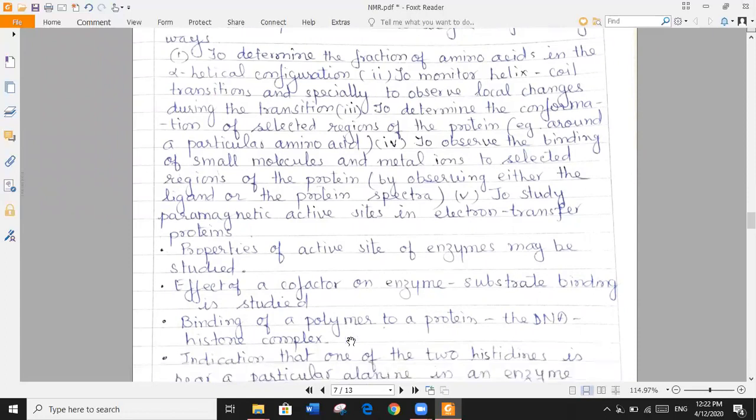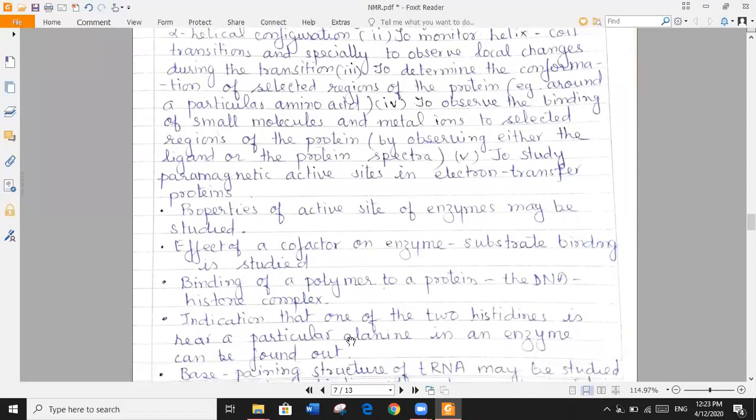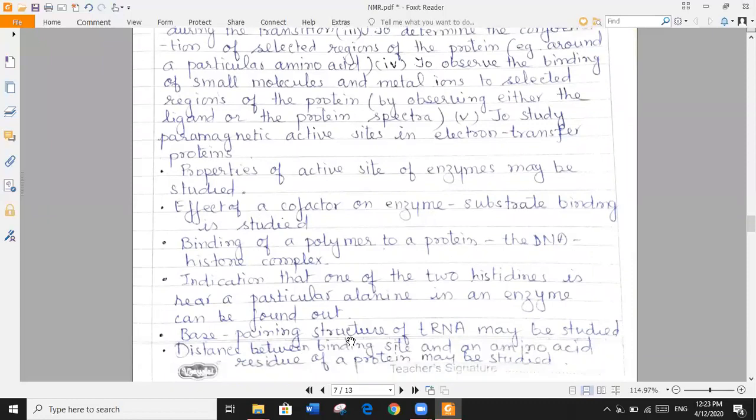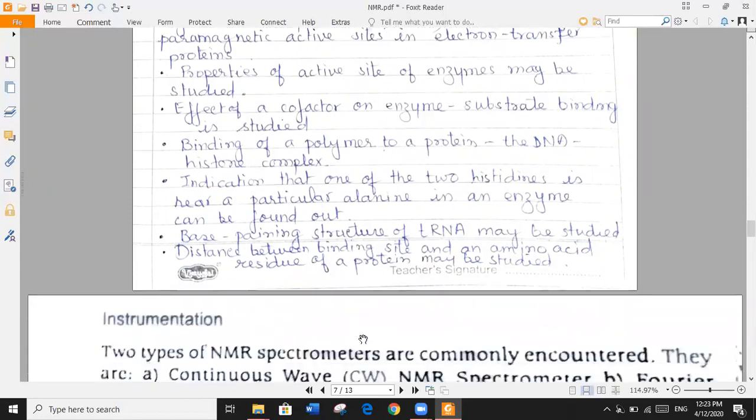Binding of a polymer to protein and the DNA histone complex can be studied. Indication that one of the two histidines is near a particular alanine in an enzyme can be found out. Base pairing structure of transfer RNA may be studied. Distance between binding site and an amino acid residue of a protein may be studied.